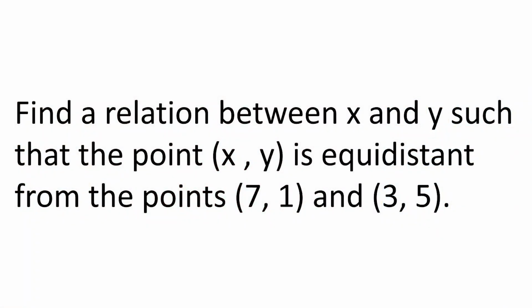Find a relationship between x and y such that the point (x, y) is equidistant from the points (7, 1) and (3, 5).